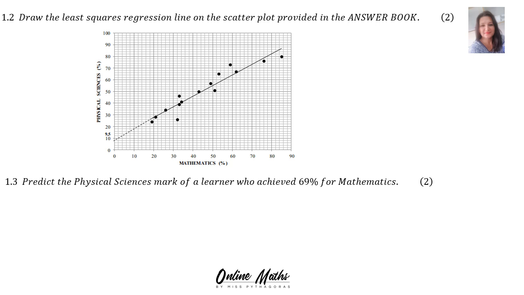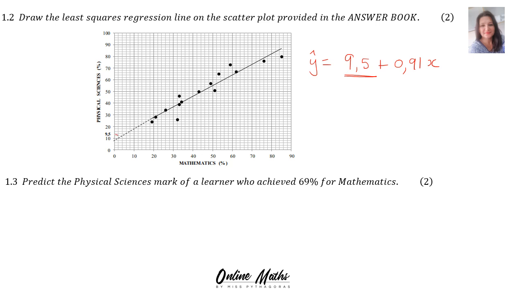1.2. Draw the least squares regression line on the scatter plot provided in the answer book. Now what you need is from the previous answer, the least squares regression line is y hat is equal to 9.5 plus 0.91x. And it's this b value over there that is the y-intercept of your line.